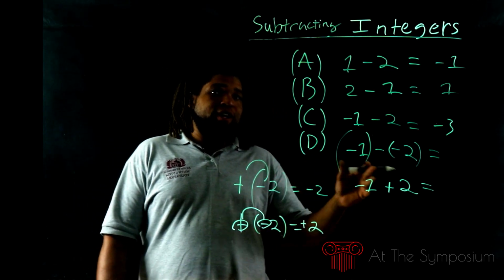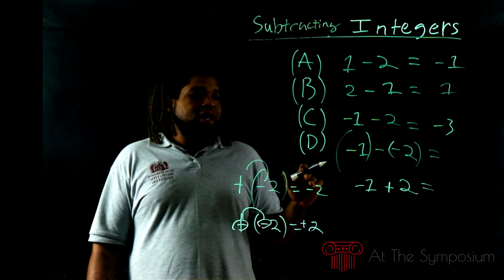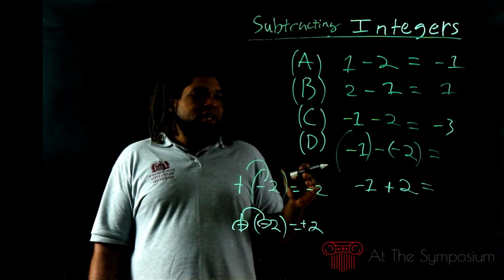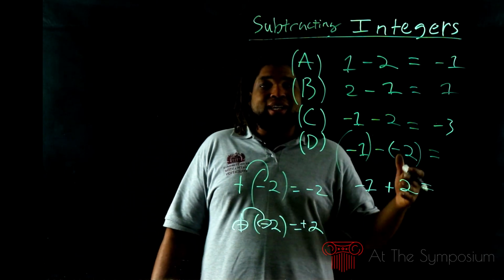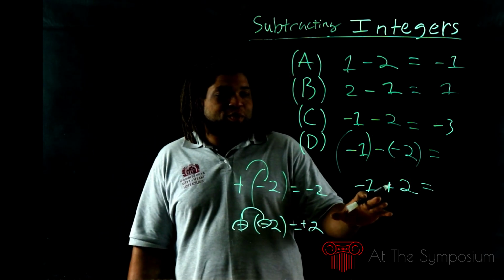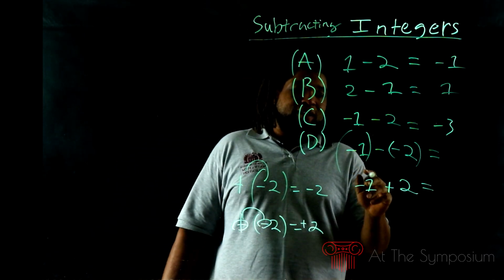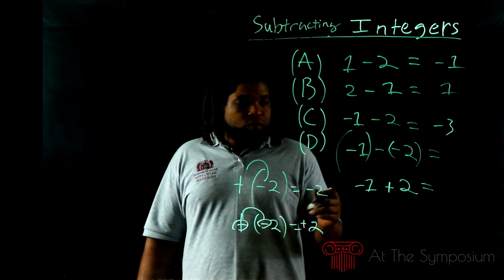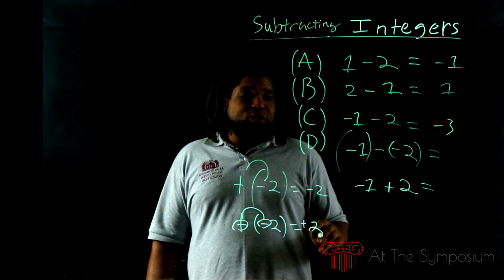And this is what we're going to cover in the next videos. We're going to look at the commonalities and the differences between adding and subtracting negative numbers. Because sometimes when you're adding negative numbers, you're actually subtracting, and sometimes when you're subtracting negative numbers, you're adding. Just like in this case, when you're subtracting by a negative, we're actually doing an addition.